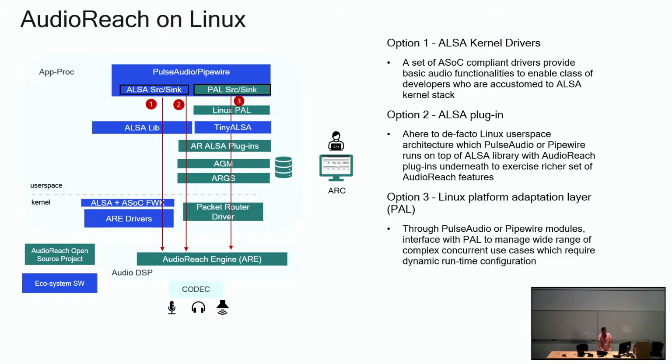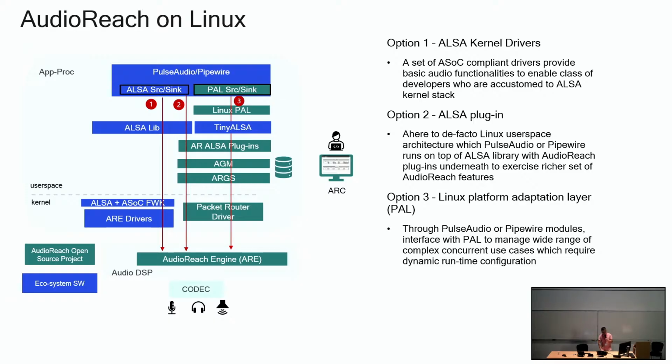And then we also have option 2, which I call the ALSA plugin. This one adheres to the de facto Linux user space architecture, where the application at the client would call into the ALSA library APIs to interact with ALSA drivers.